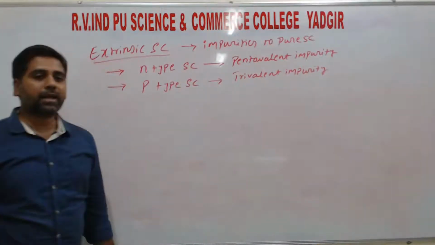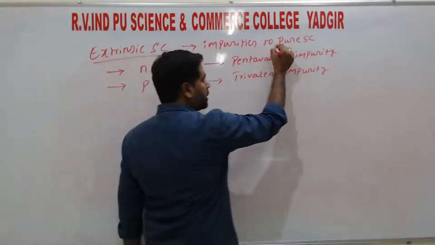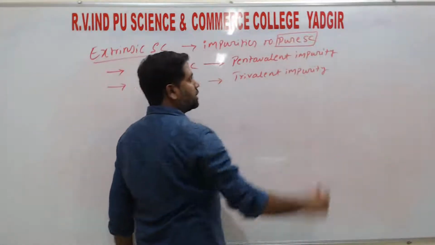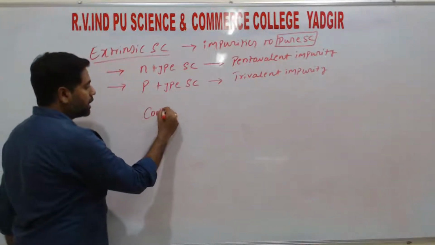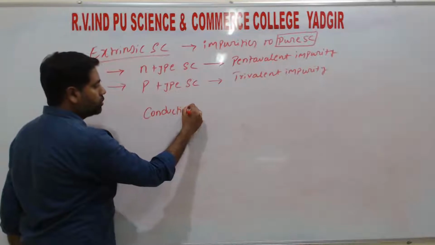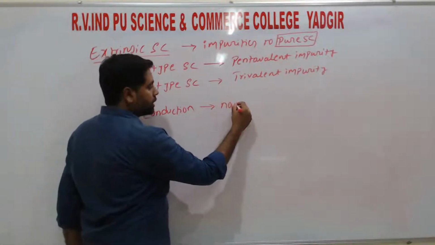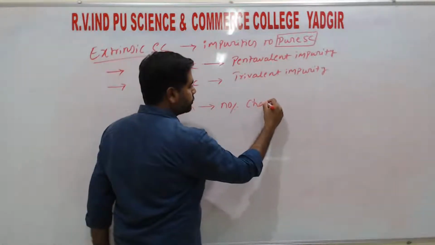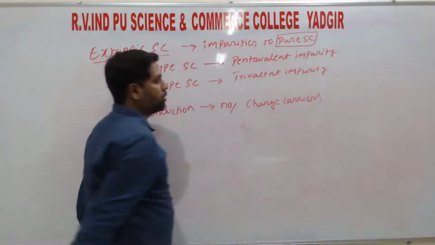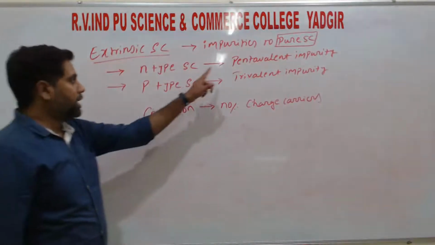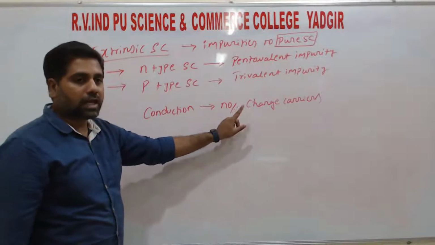The intrinsic semiconductor is nothing but the pure semiconductor. The purpose of adding the impurities is to increase the conduction, that means to increase the number of charge carriers.